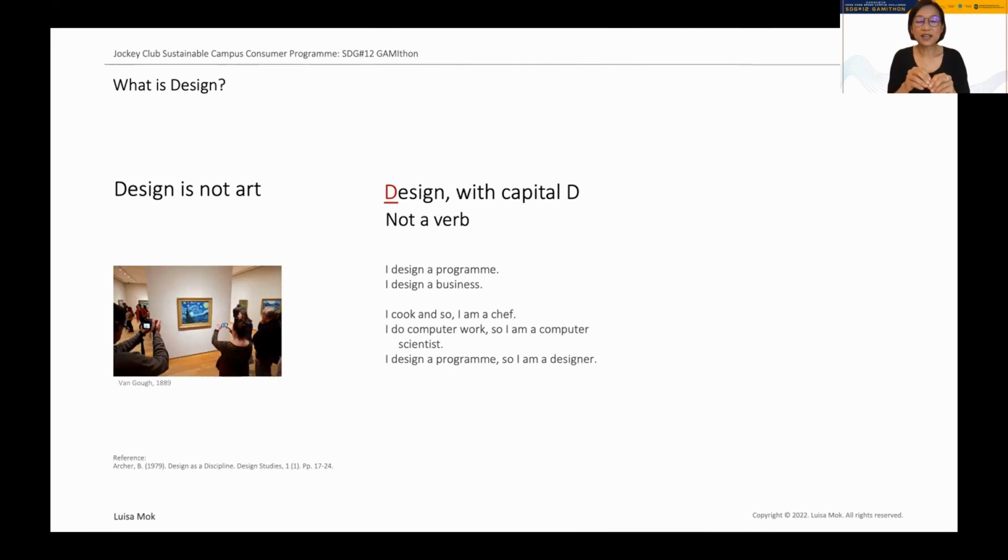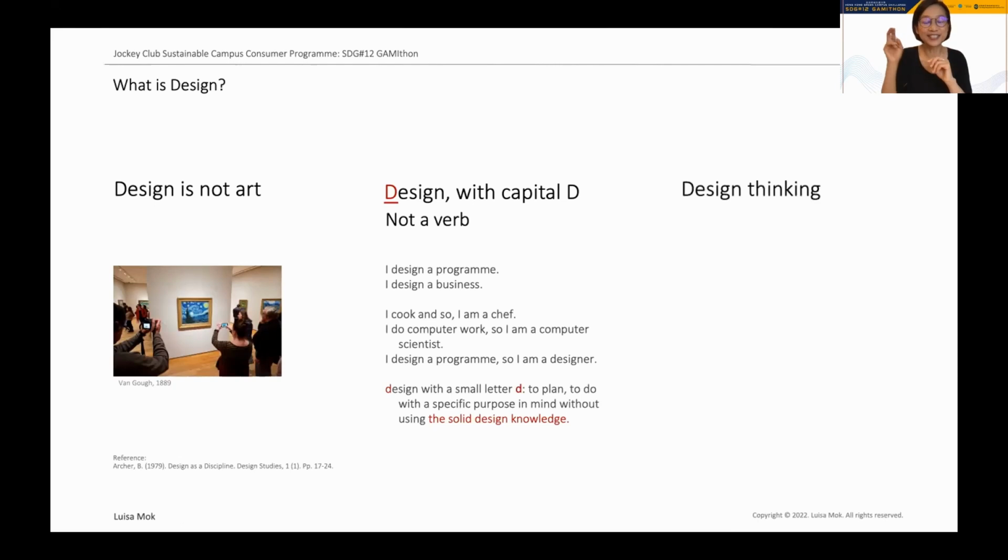When we use design as a verb, here design with a small letter d, I just exaggerate it, it doesn't mean that I am a designer. When you are designing a business or a dinner, you are just planning for a dinner without the design knowledge. This is something that I always want to clarify, because the word design is quite problematic.